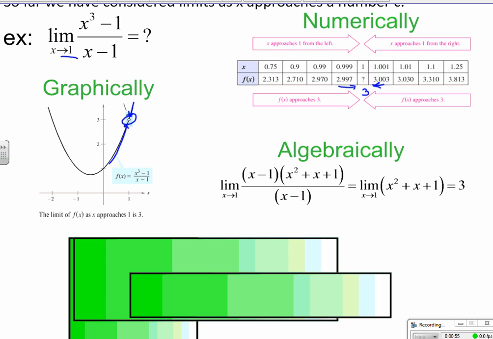And then algebraically being able to work the factoring technique so that we can get around the denominator that went to 0 when we substituted 1 in and plug in now. Now I can use substitution once I was able to get around this denominator issue. So that's where we've been.